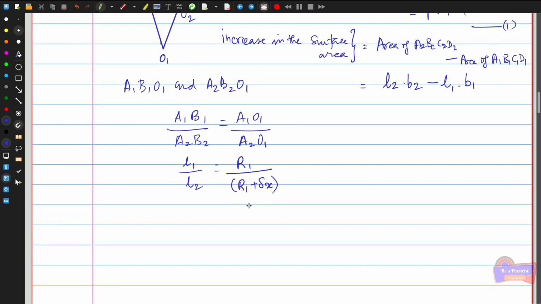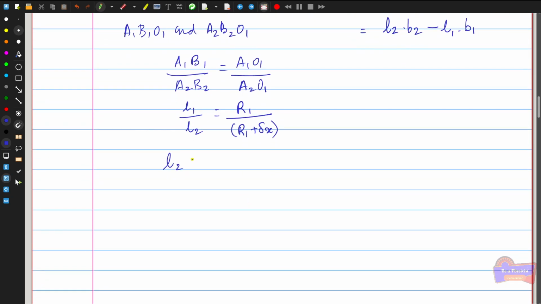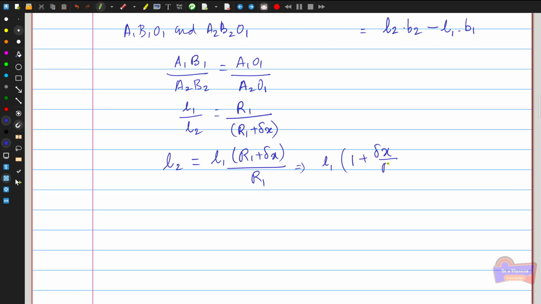Therefore, from this relation, I can easily calculate L2, which is L1 times R1 plus delta x divided by R1. Or I can rewrite this as L1 into 1 plus delta x divided by R1. That is the length of this new element A2 and B2.